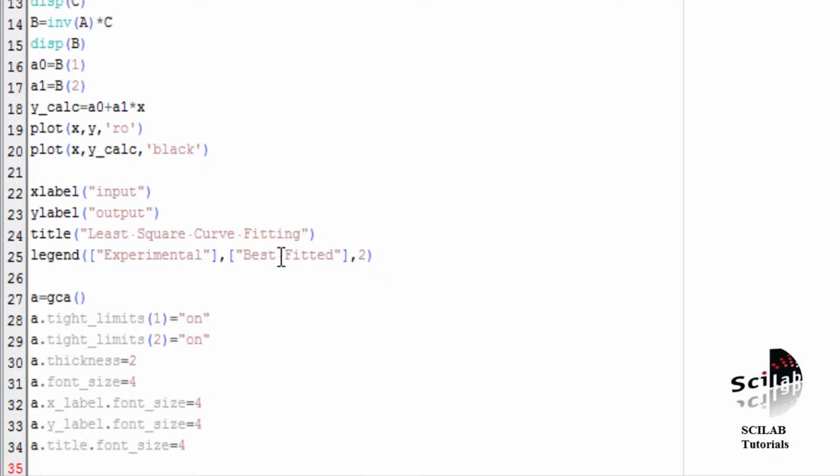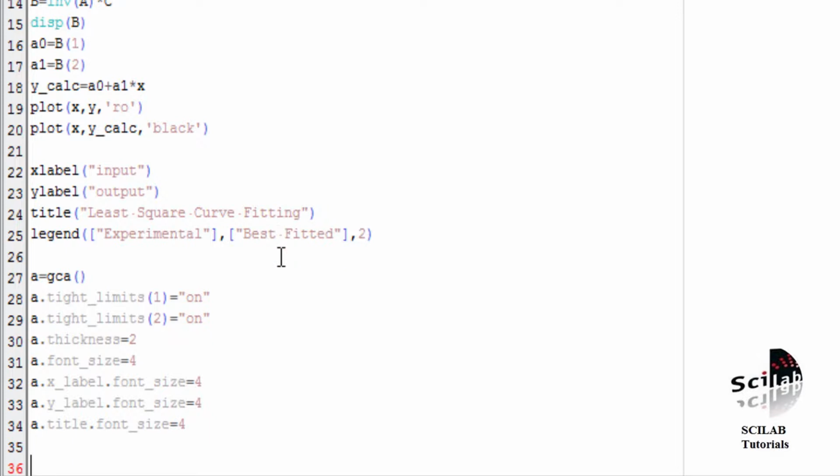Till now I have only changed the axis properties, thickness and font size. Now let us change the properties of the graph. So a.children(1), where 1 denotes the best fitted curve, .thickness is equal to 2. Similarly, I can also change the line style. I will copy this command and add line_style is equal to 3.